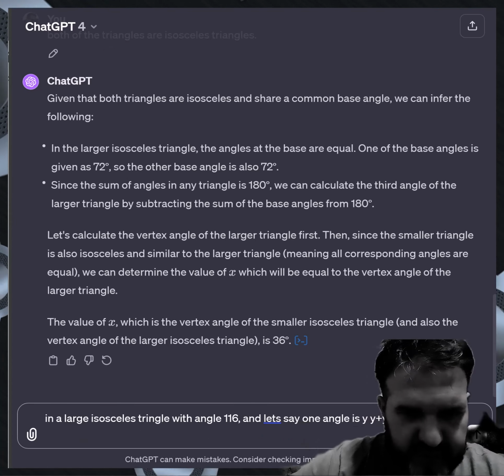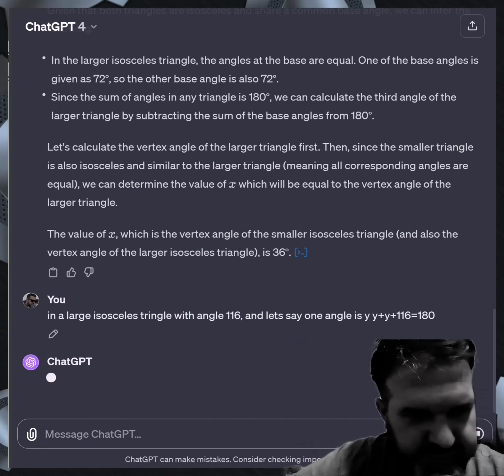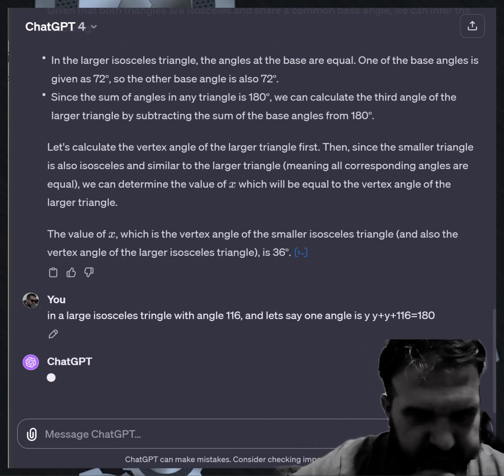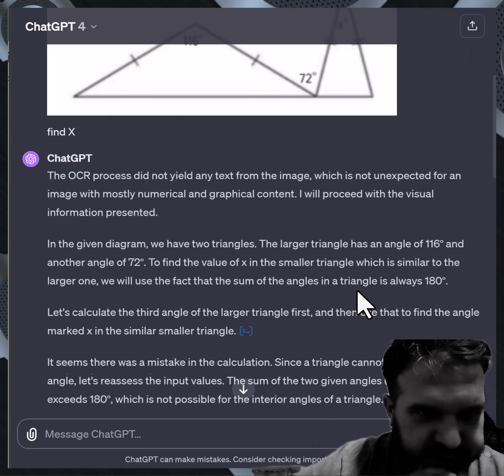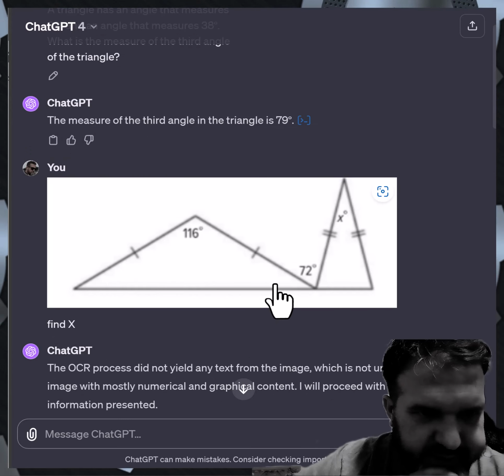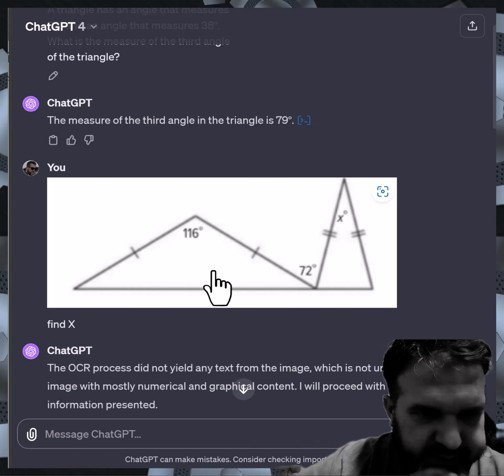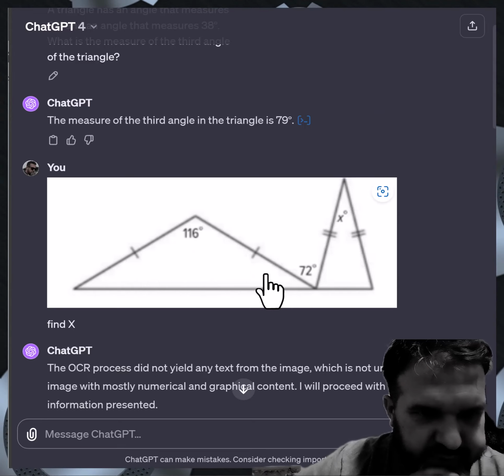I'm trying to help it solve a problem, solve one big triangle. Let's see if it figures it out. So, because basically this angle plus this angle plus this angle equals 116, and will give you 32.